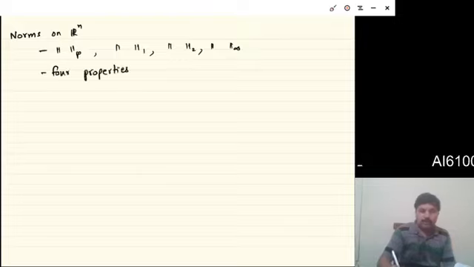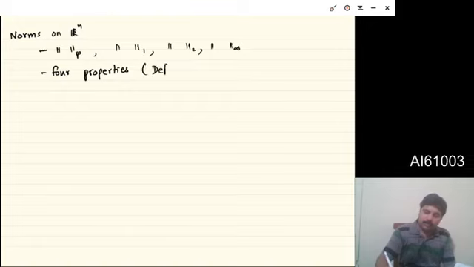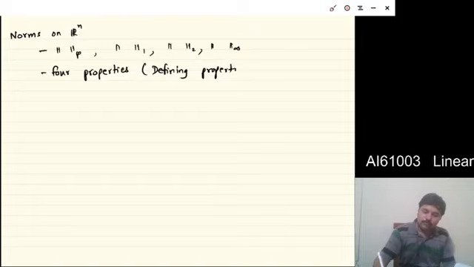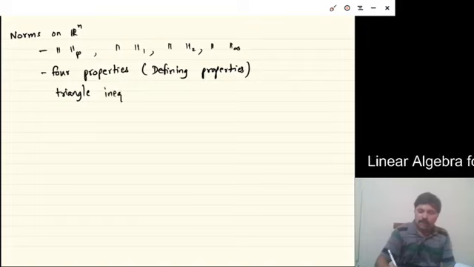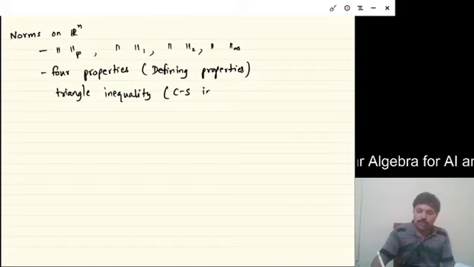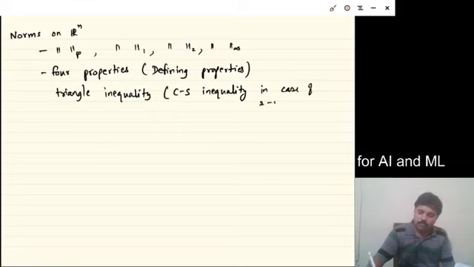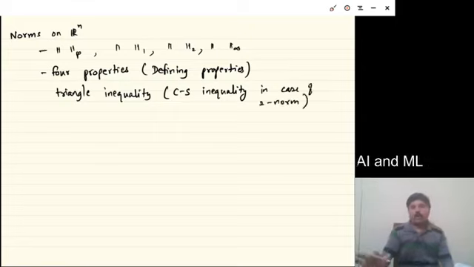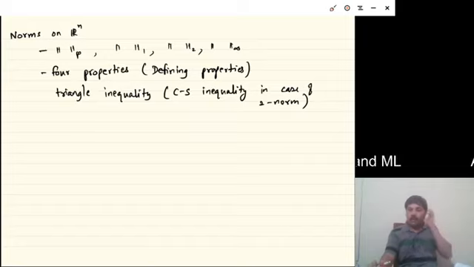So they are actually the defining properties. One of the important defining properties is the triangle inequality, and for this triangle inequality we used the Cauchy-Schwarz inequality to prove it in the case of the 2 norm. For other norms we have not proved the triangle inequality, but you can prove it with some difficulty.